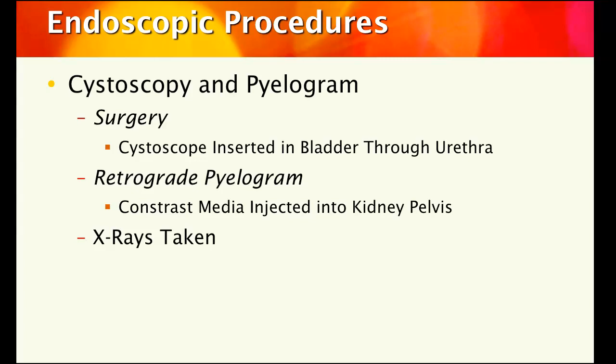Endoscopic procedures, you've got cystoscopy and pyelograms. For the cystoscopy, this is where they take a cystoscope that's inserted into the bladder through the urethra. There's also retrograde pyelograms where contrast media is injected into the kidneys and the pelvis, and then x-rays are taken.